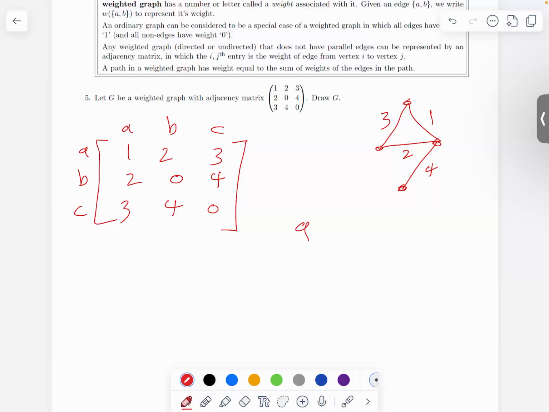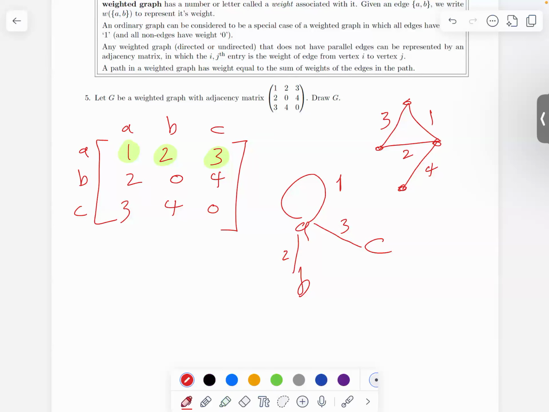So let's do this one. A, B, C. A to A is 1. A to B is 2. A to C is 3. All right.